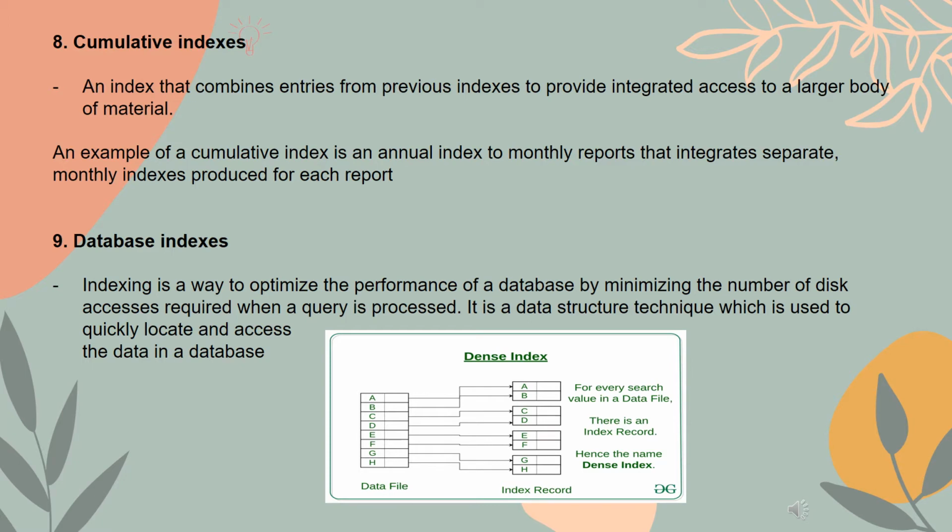Indexing is a way to optimize the performance of a database by minimizing the number of disk accesses required when a query is processed. It is a data structure technique which is used to quickly locate and access the data in a database. So here is an example of database indexes that I can show.